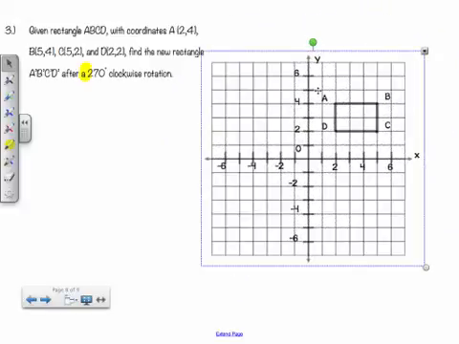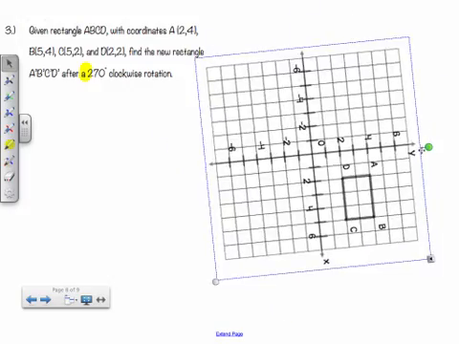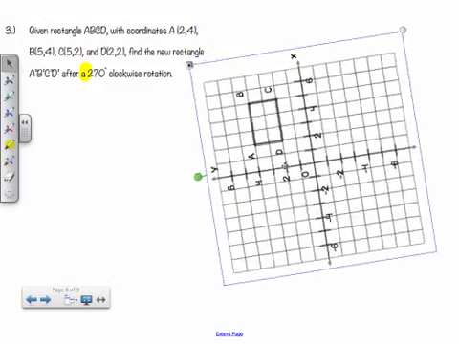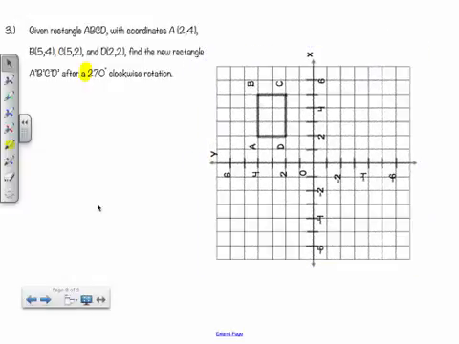Don't do it 4, because 4 brings you right back to where you were to begin with. So again, 1, 2, 3/4 turns right here. And go ahead and write down what your new coordinates are going to be. Go ahead, try it on your own, and then compare your answers with mine, okay?